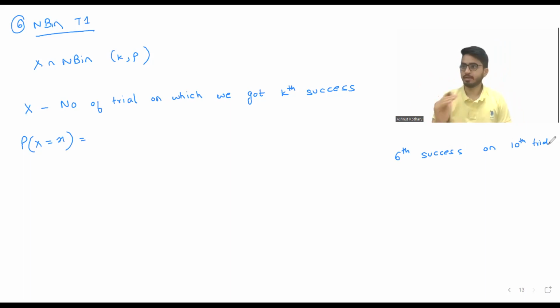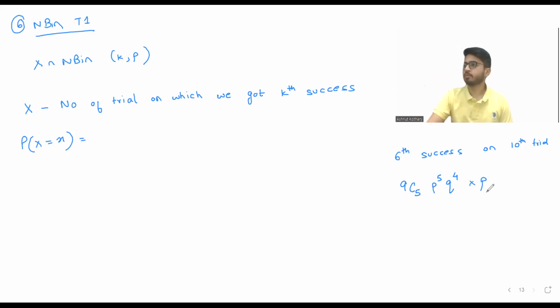It can be arranged in any order, and on the 10th trial I got my sixth success. So in the first 9 trials there are 5 successes and 4 failures. Total ways to arrange them is 9C5, or 9C4. You can write 9C5, p to the power 5, q to the power 4. This is the first 9 trials, and then on the 10th trial you are getting a success.